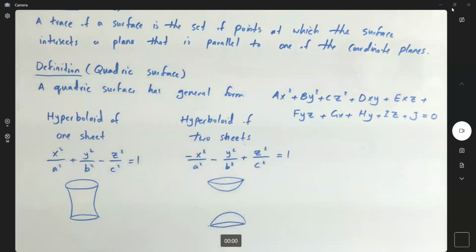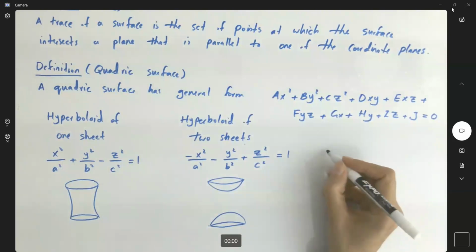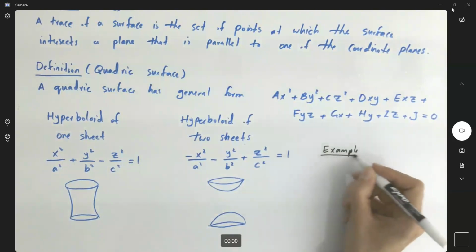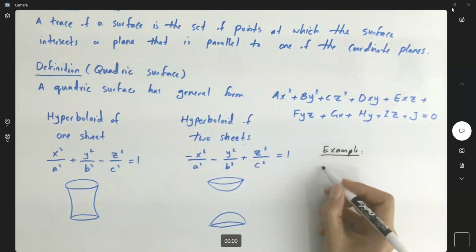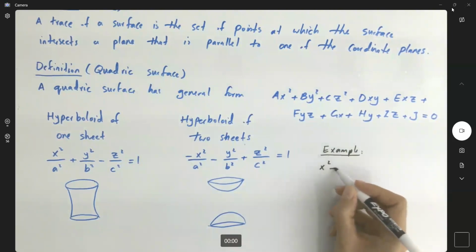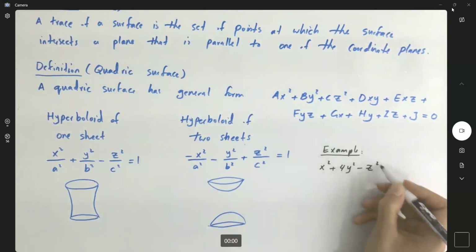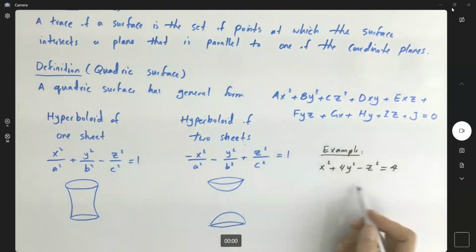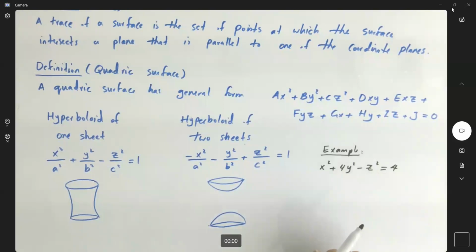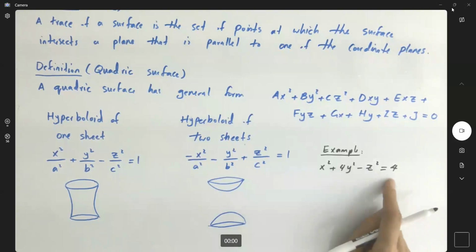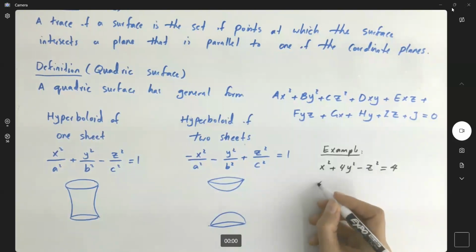For example, suppose an equation is given to you as x squared plus 4y squared minus z squared equals 4, and they ask to identify this surface. So let us get rid of the coefficient here and the constant here by dividing by 4.